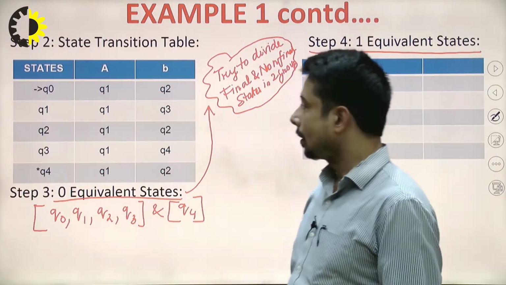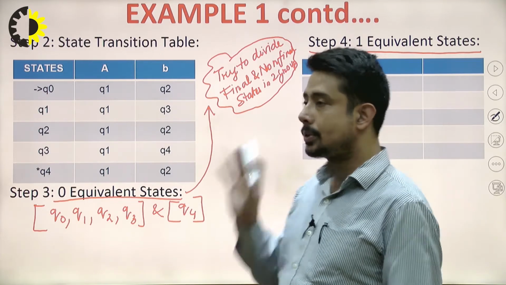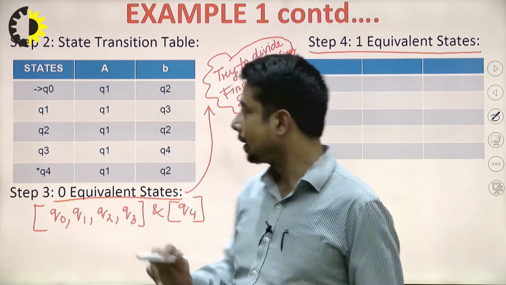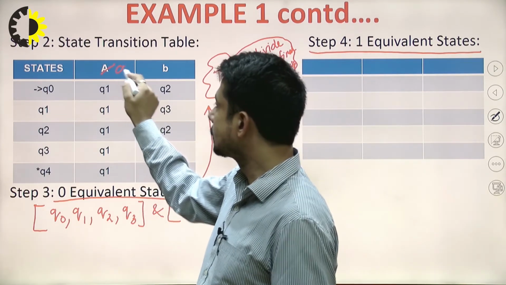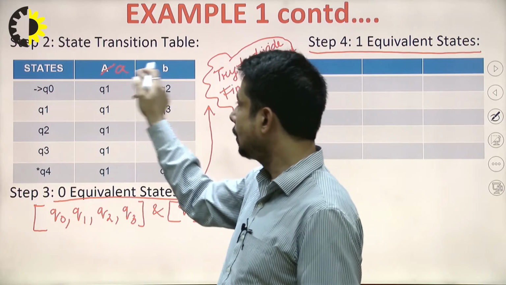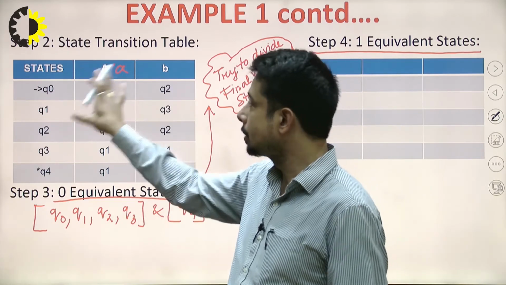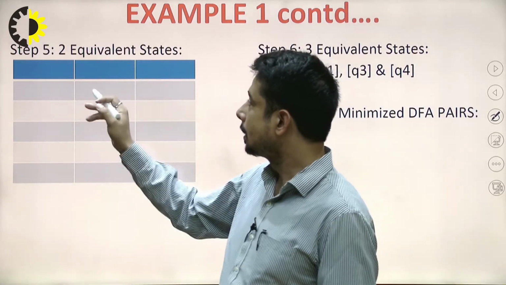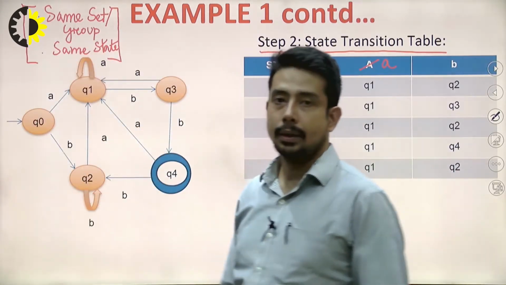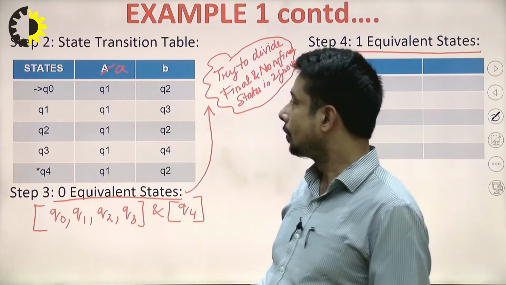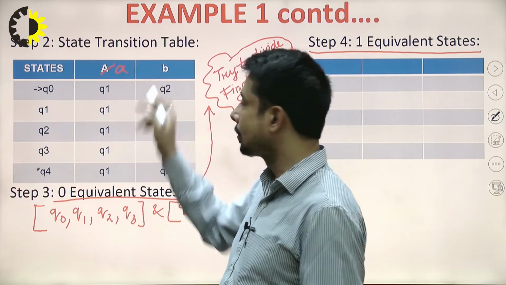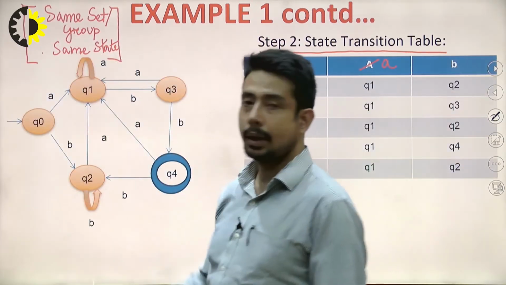Okay. Now what we need to do is check, for any of the input symbols, for both the input symbols, any of these criteria. Again I am repeating, we have to check for both the input symbols any of these criteria.